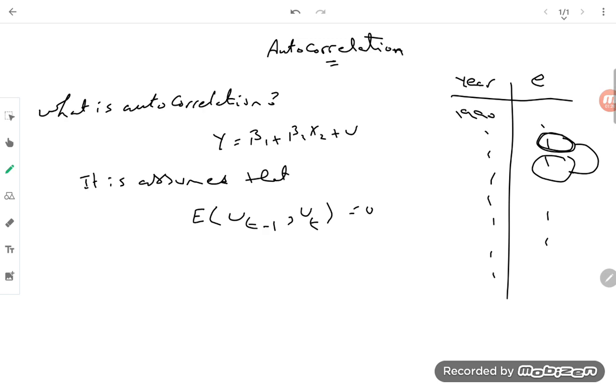This is the main assumption. But in some cases, this assumption is violated.